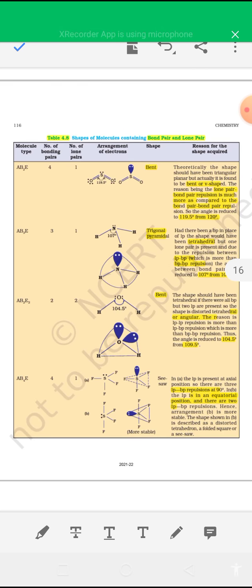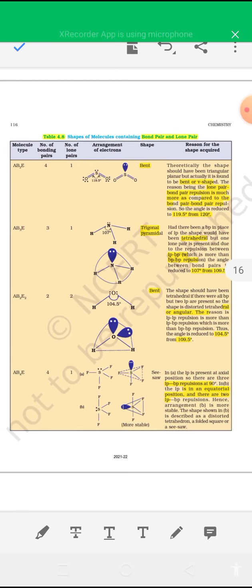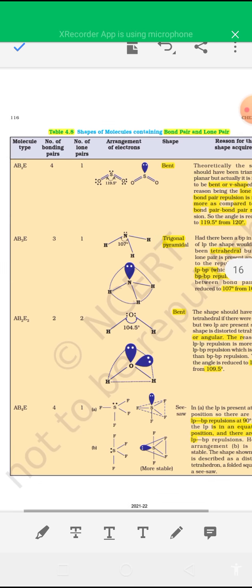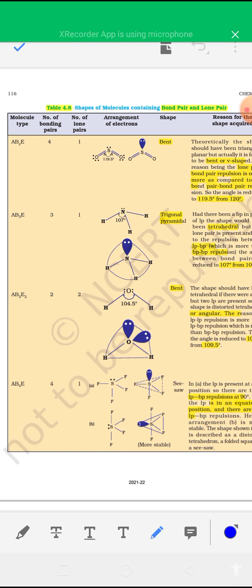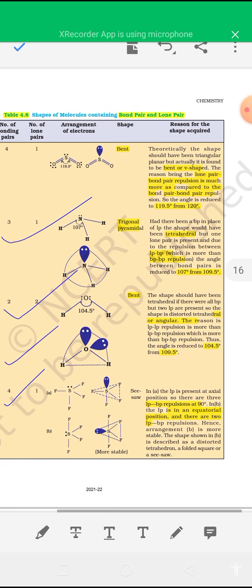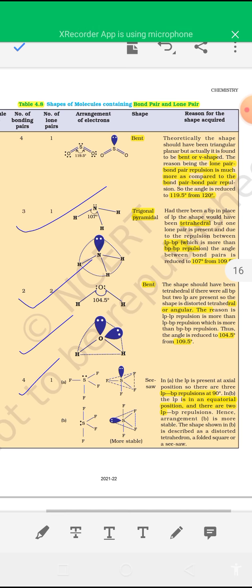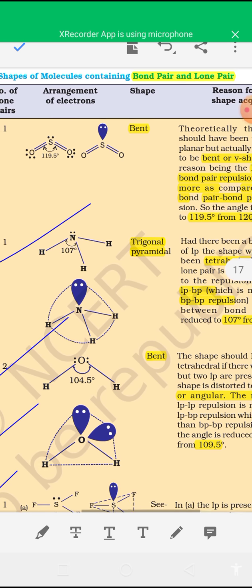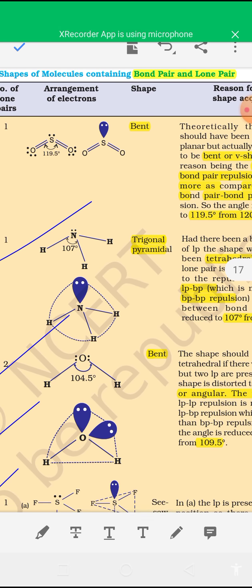Molecules containing both bond pairs and lone pairs are present in SO2, in ammonia, in water. All these molecules contain both bond pairs and lone pairs, and due to the repulsion between bond pair and lone pair, their bond angle changes from the ideal bond angle.